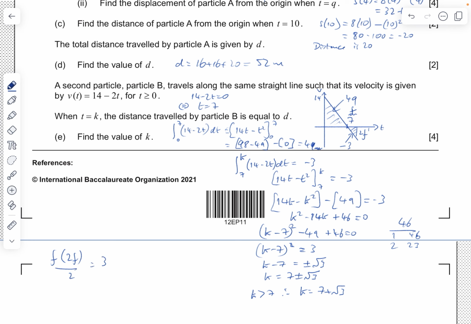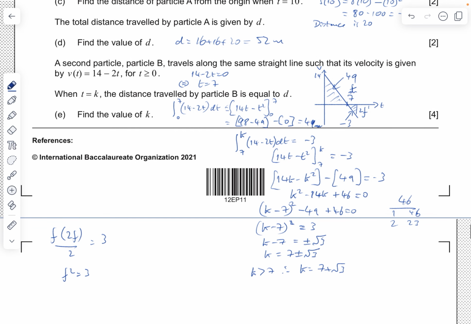That means that f squared equals 3. f equals root 3. So I've just found this length here. So therefore I look at the total time: k will be 7 plus root 3. So looking at areas of triangles was an awful lot easier than going a long way around the houses with the quadratic.